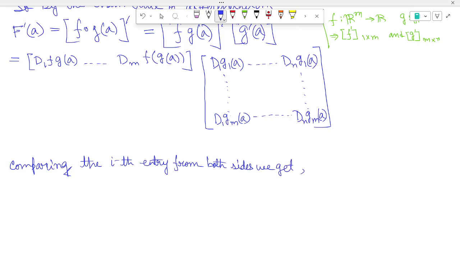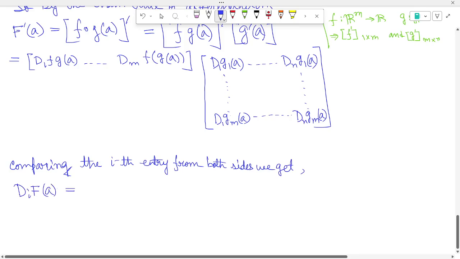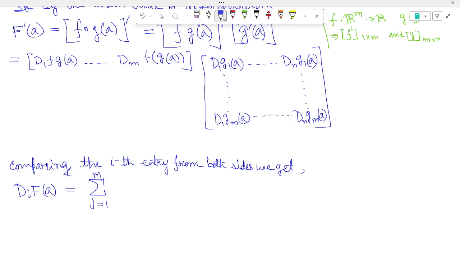Okay. It is DiF A. And how is the ith entry here generated? You need to multiply with the ith column. That means it is exactly what we are getting: sum over j equal to 1 to m of Dj f of g A into the corresponding Di gj A.